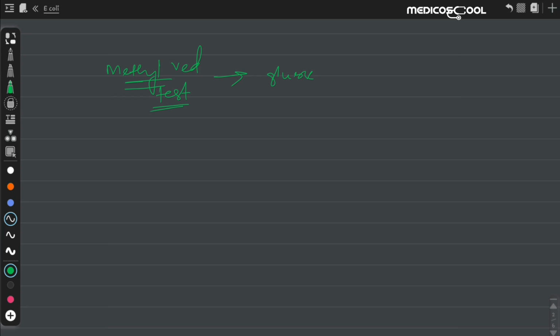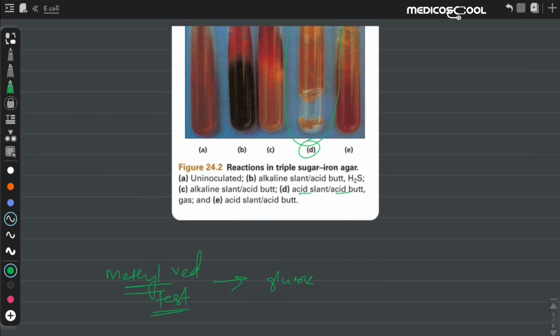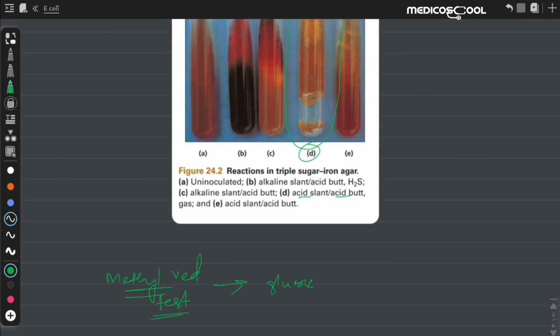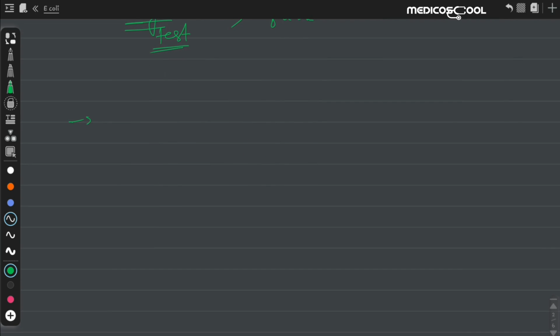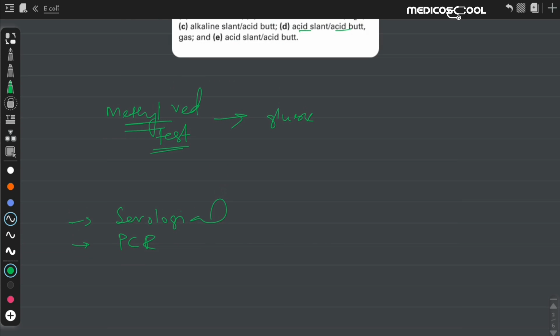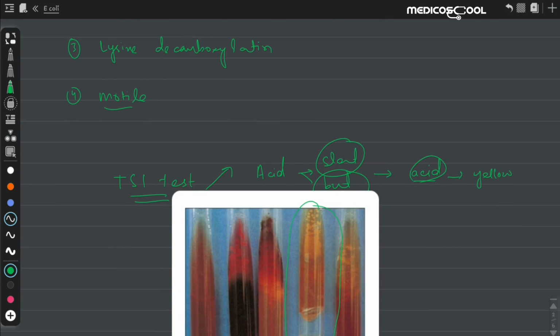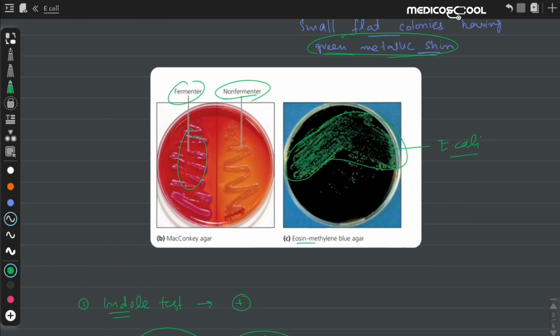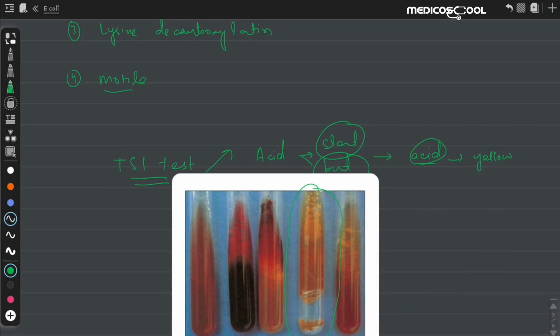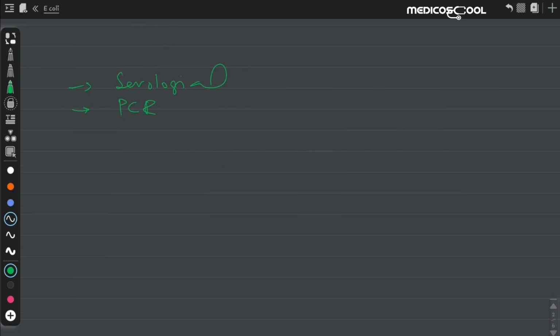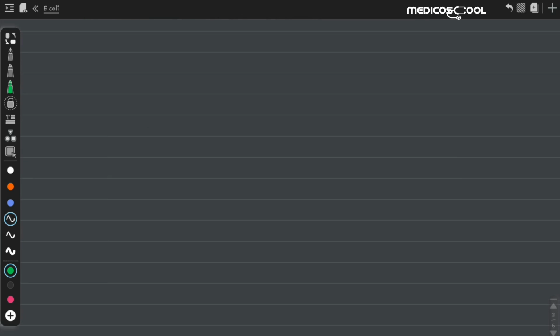So these were some points regarding the lab diagnosis of Escherichia coli. We can also do some serological tests and other DNA-based or RNA-based tests like PCR. But in our book, Levinson's Microbiology, these were the cultures and microscopy which were discussed, so I have only focused on that, not on the clinical lab diagnosis.